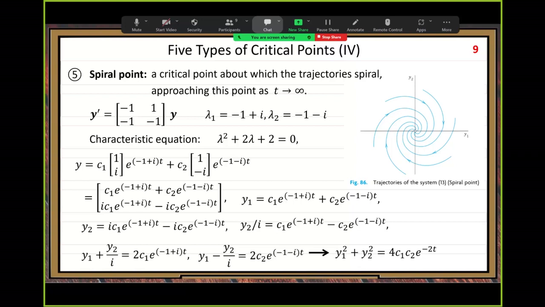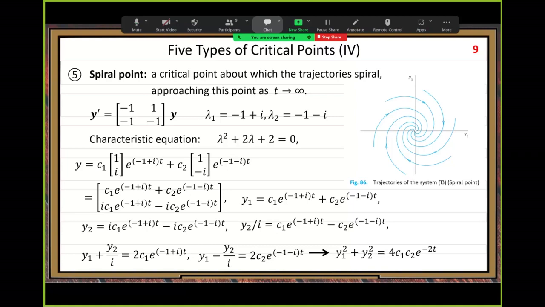So it tells you that it's a spiral. Although we cannot eliminate t, we can see the shape from this equation. So that's type 5.